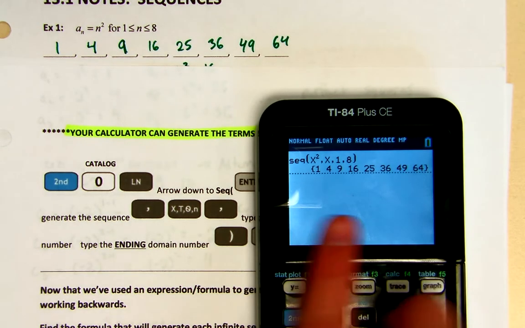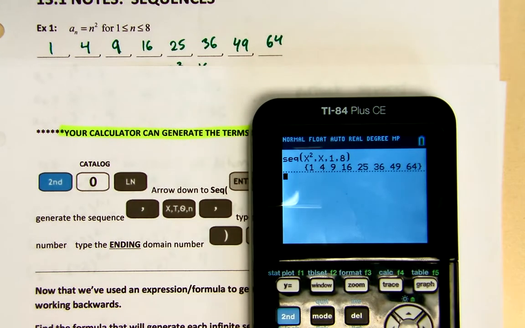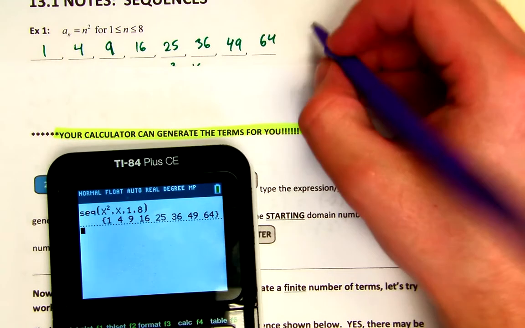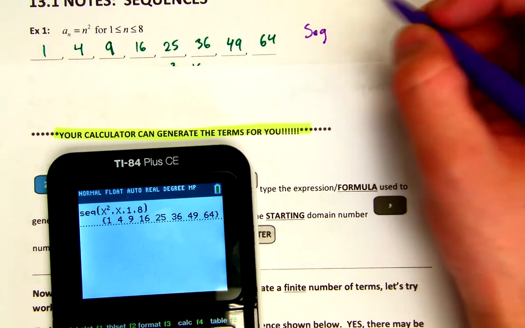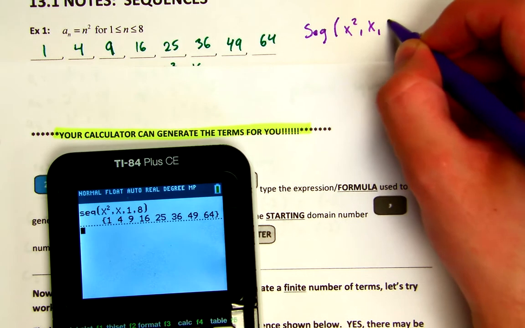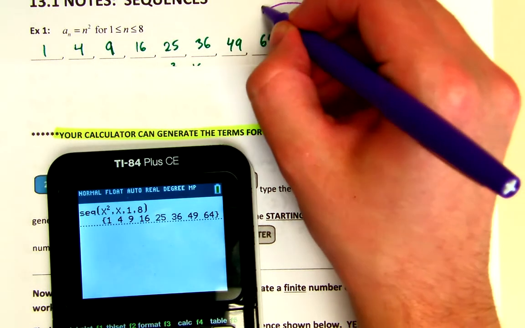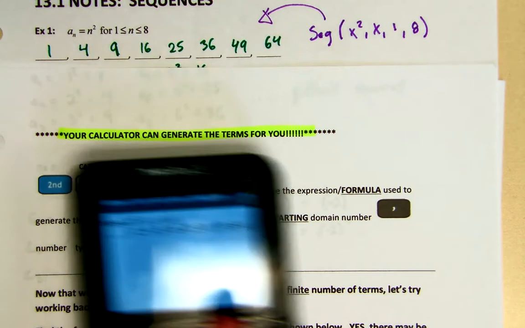And look at that. It listed them there for me. All I had to do was type this in my calculator. So let me show you here. We had sequence of x squared, comma, x, domain start, domain end. And then that gave us our list of values.